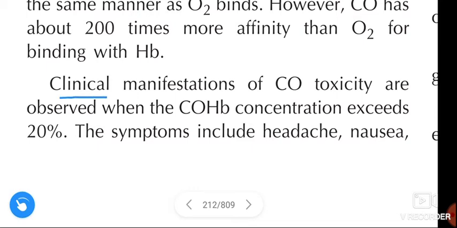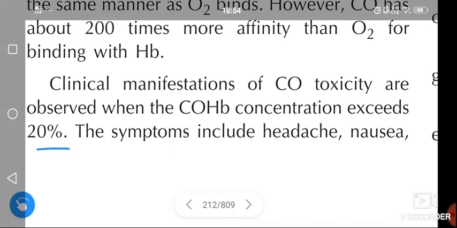Clinical manifestations of carbon monoxide toxicity are observed when carbon monoxide hemoglobin concentration exceeds 20%.